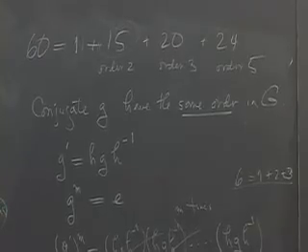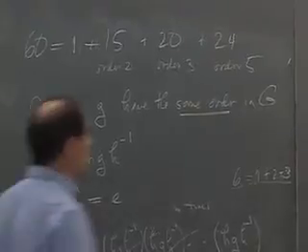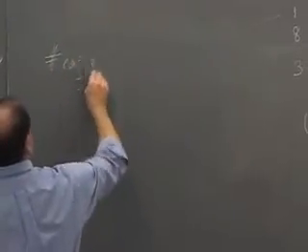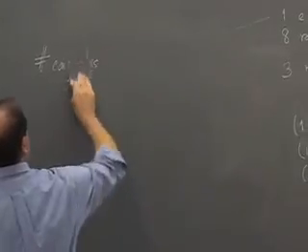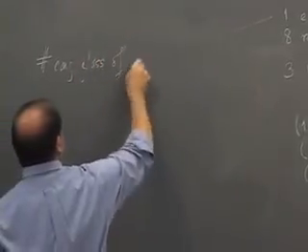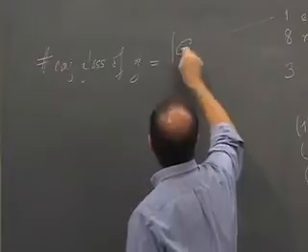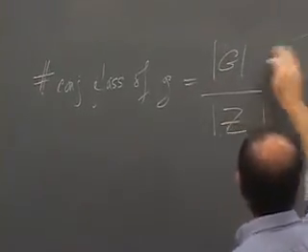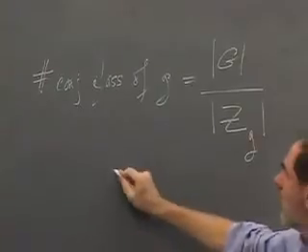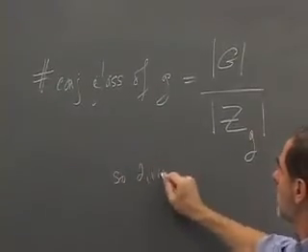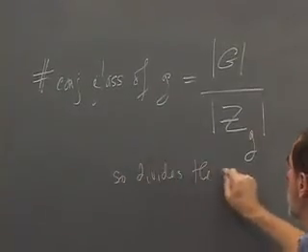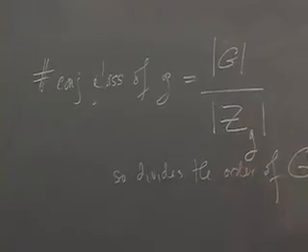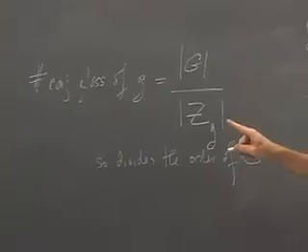Why? Because the order of a conjugacy class of G is equal to the order of G divided by the order of the centralizer of the element, last time. So it divides the order of G. And there's a problem here.